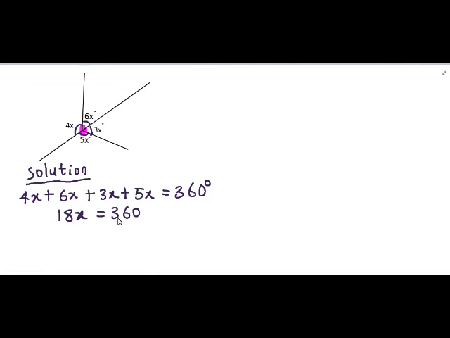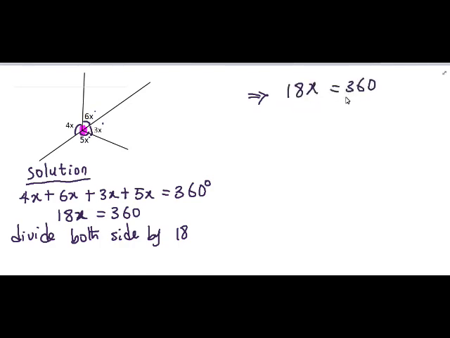equal to 360 degrees. Okay, because we want to make x standalone, it simply implies that we have to divide both sides by 18. So we have that 18x equal to 360, all divided by 18.